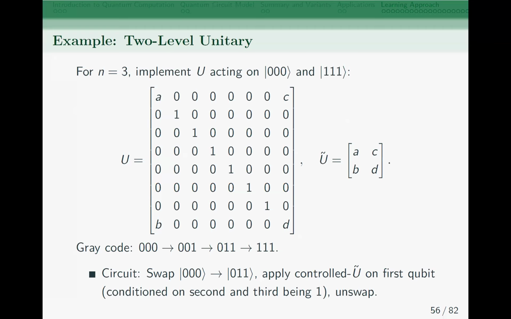For any state which is not 0, 0, 0 or 1, 1, 1, it should act as the identity, right? So my claim is that if you take a small U tilde as a single-qubit unitary applied on the first qubit, then this circuit only acts non-trivially when the input is 0, 0, 0 or 1, 1, 1.